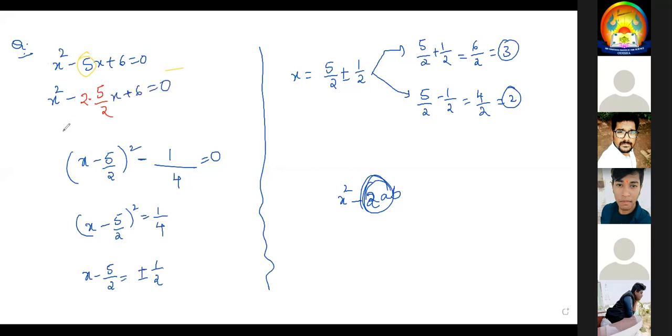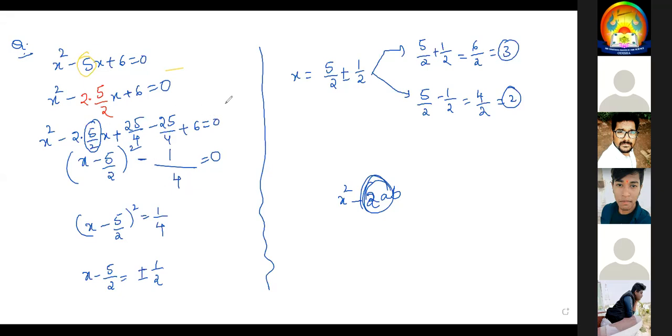Now x square minus 2 into 5 by 2 into x. What should I add? This square I should add, 25 by 4, and I should subtract to balance that, plus 6. And next you can understand.